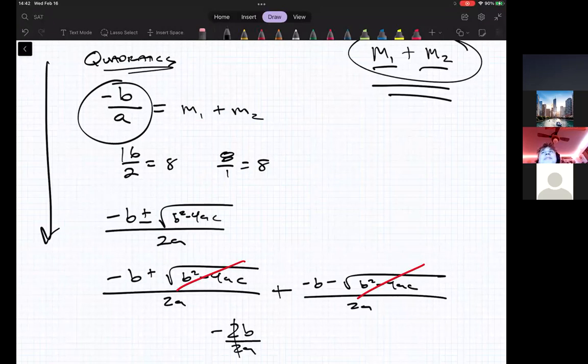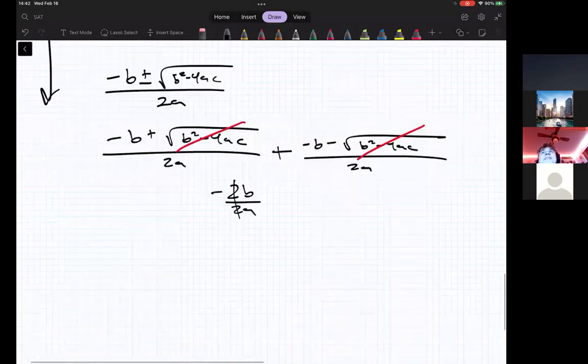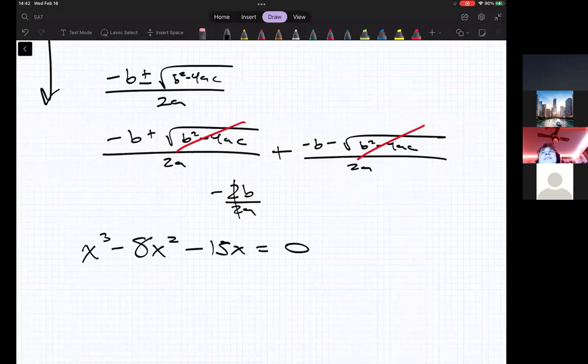Now, before you say, well, if it's cubic, it doesn't work, I've seen this problem on the SAT. It says, here's x cubed minus 8x squared minus 15x equals 0. Can you take out an x? Sure, I can take out an x. And then I have a quadratic that does not factor.